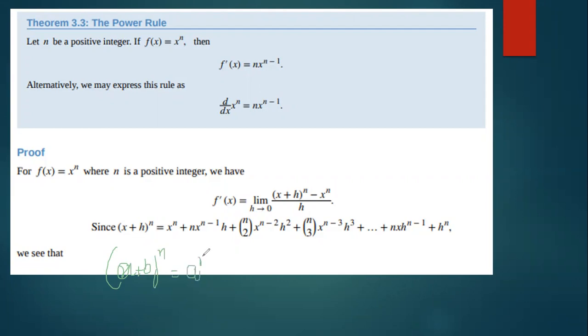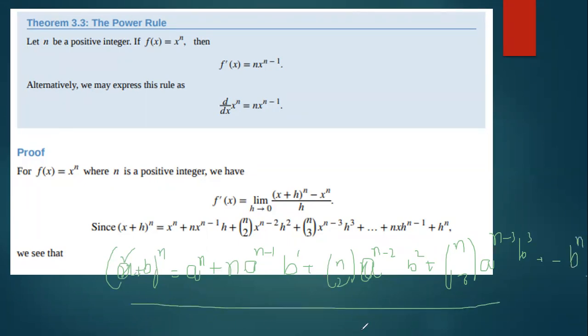It will be a to the n, the first variable, plus n C 1 into a to the n minus 1, where the power of a decreases and the power of b increases, starting from b to the 0, then 1. Then nC2 a to the n minus 2 b square, then nC3 a to the n minus 3 b cube, and so on until b equals n.